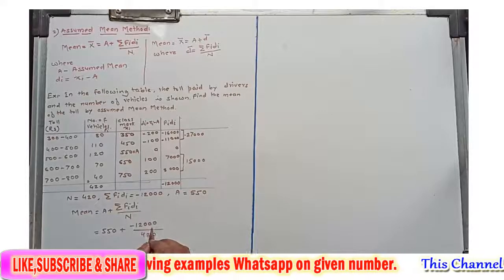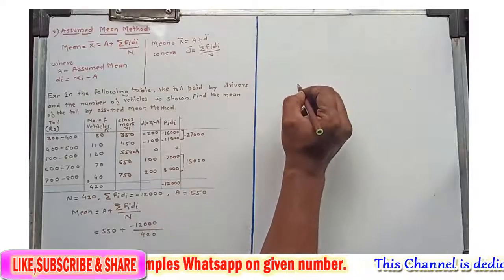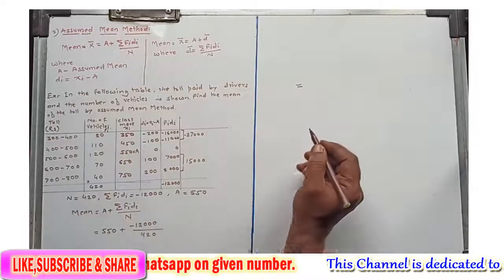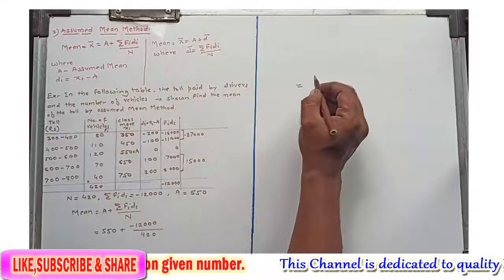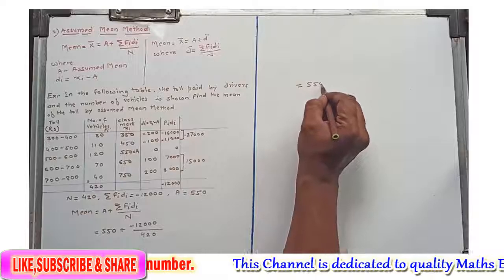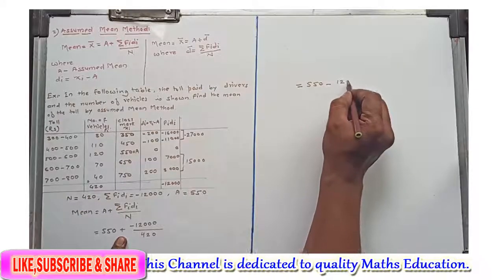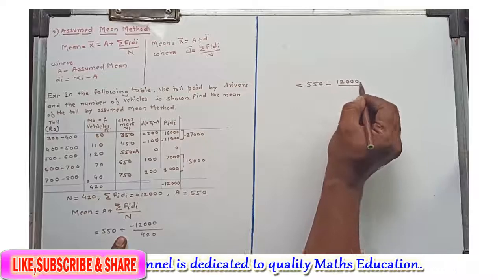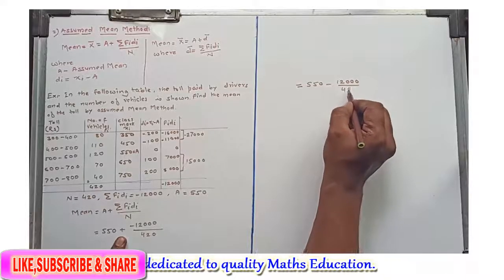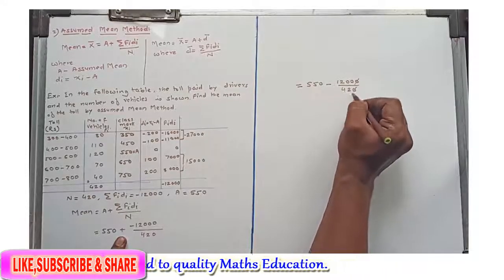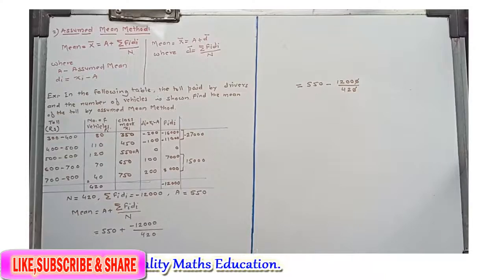Just simplify this. You will get 550 as it is, then plus into minus is minus, this 12,000 divided by 420. So this zero gets cancelled. Now just simplify this.